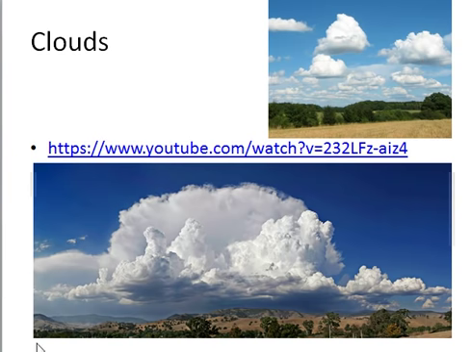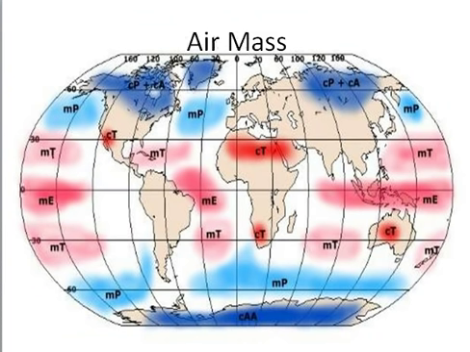When you compare that with the cumulonimbus clouds, or the big thunderhead clouds, these typically form when you have a lot of warmth, a lot of moisture, and then running into a cold upper atmosphere situation. And then that brings us down to just looking at air masses in general.